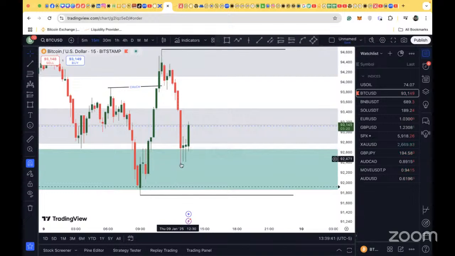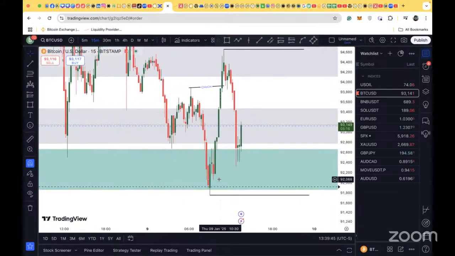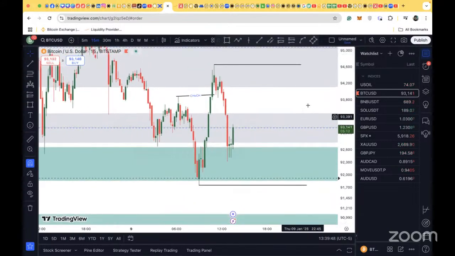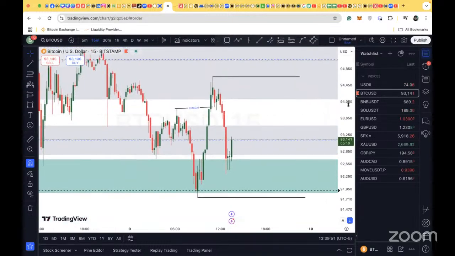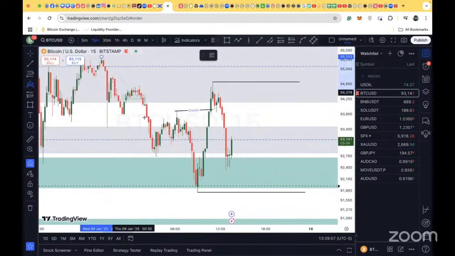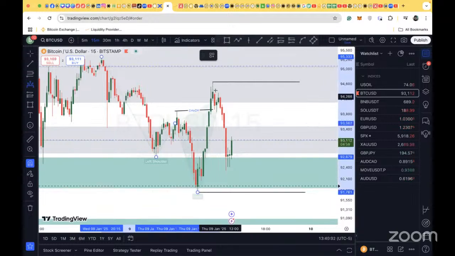So the price is rejecting this entire zone. And in another way, if you look at it, you see an inverted head and shoulders is completed. So this place becomes the head. What you have here becomes something like this: from here to this place, neckline; from here to this place, head; from here to this place.